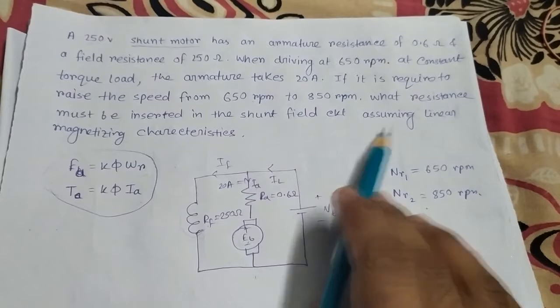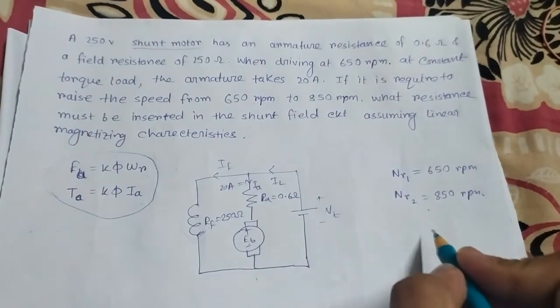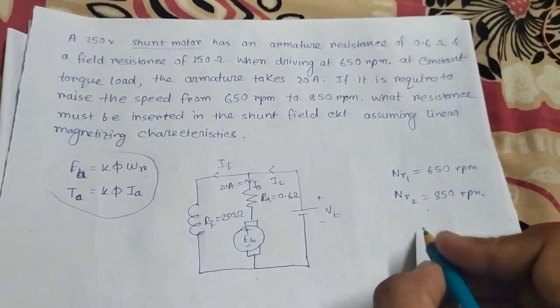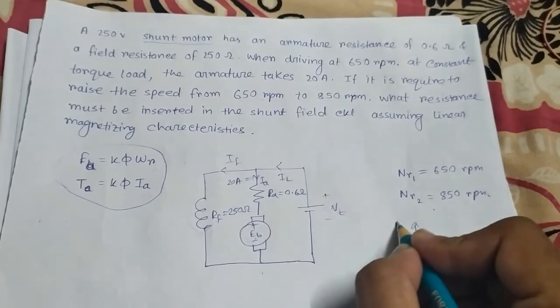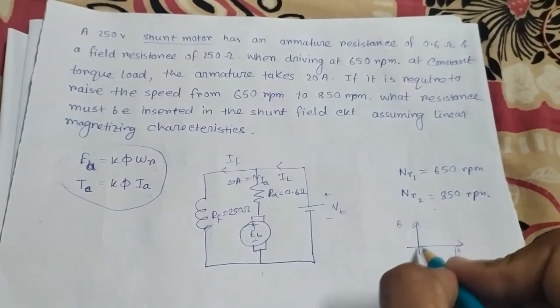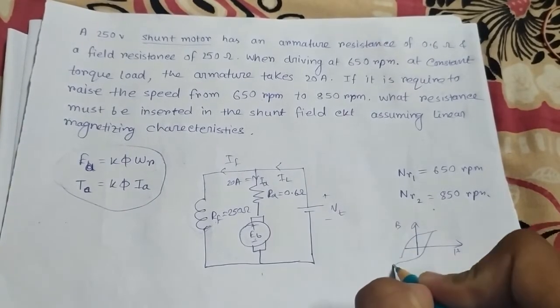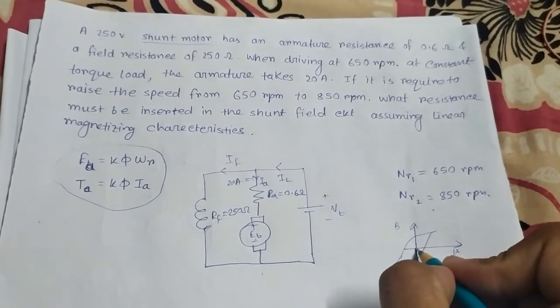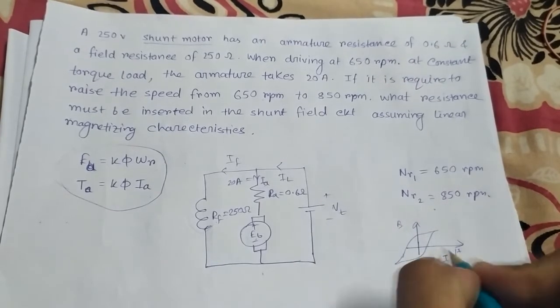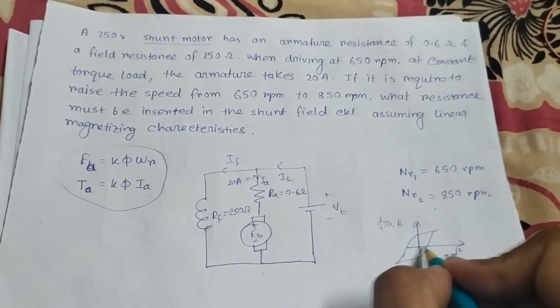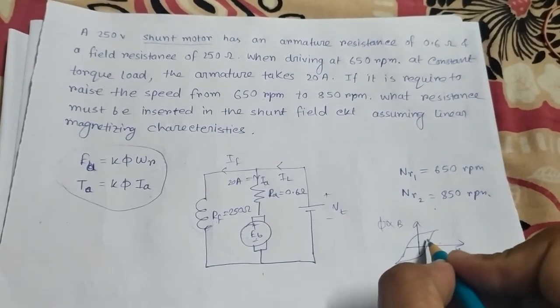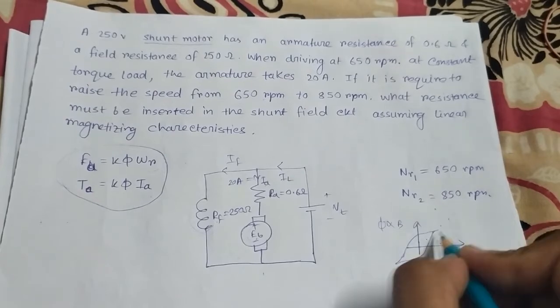And one more thing here, linear magnetizing characteristics. We have seen the BH curve, but here linear means that if we increase the current, and we know H is proportional to I and B is proportional to flux, then with the current the flux will also increase.